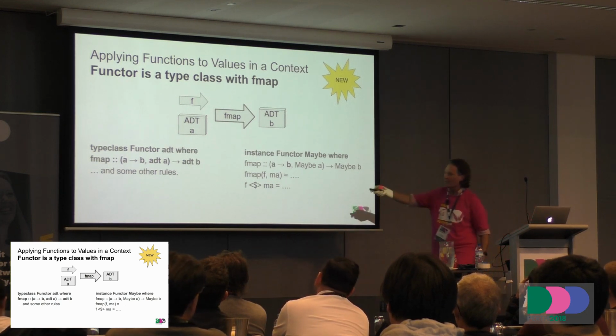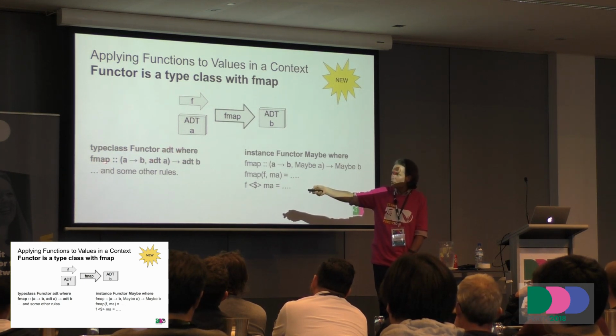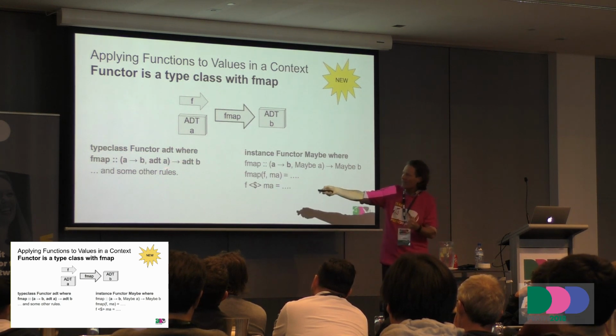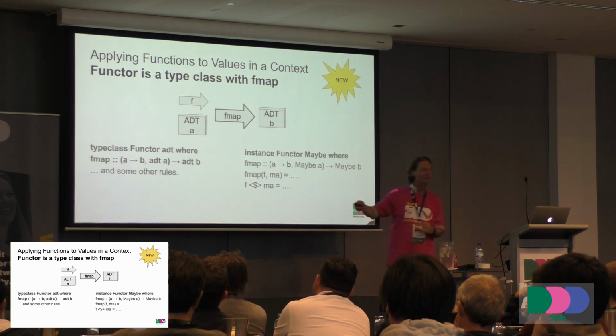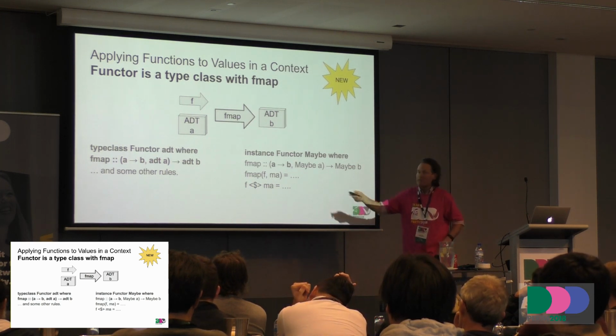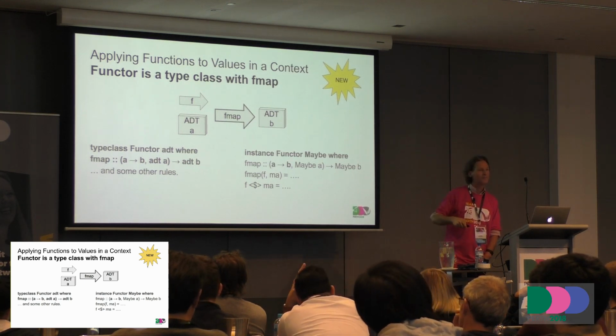And down here we define it, we say the type class Functor, it works with any data type you define for it, and it must have a function called fmap, which takes a function, that's the half function, and takes something wrapped up in a context, a list or a maybe, and it produces a result wrapped up in that same context, just as we showed you on the slide before.